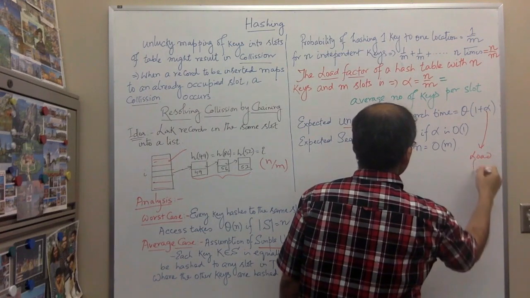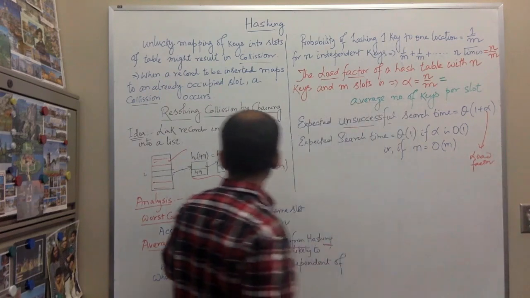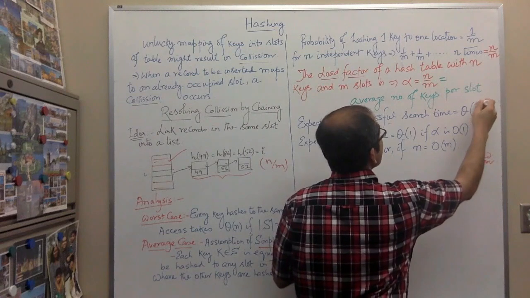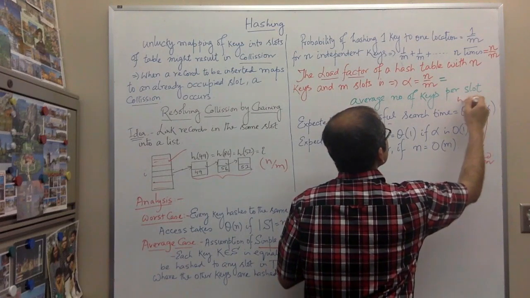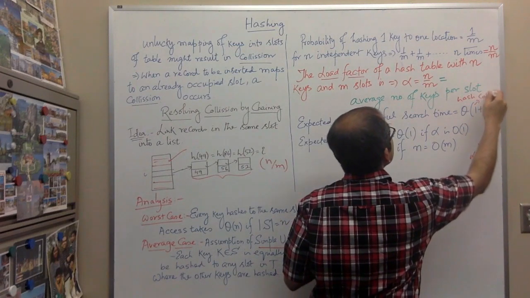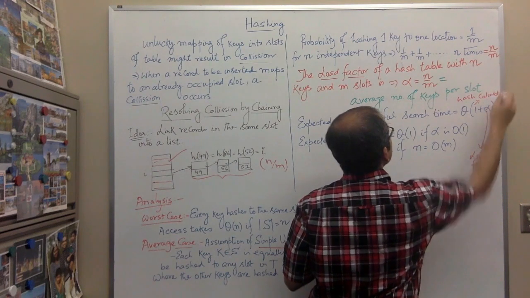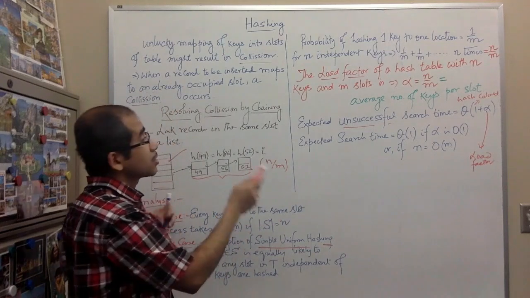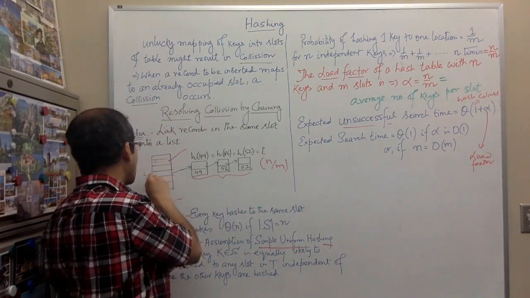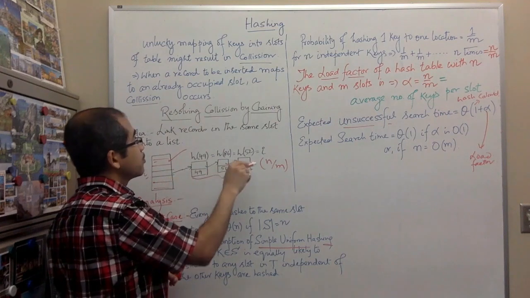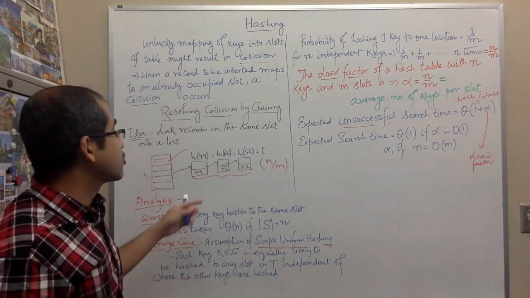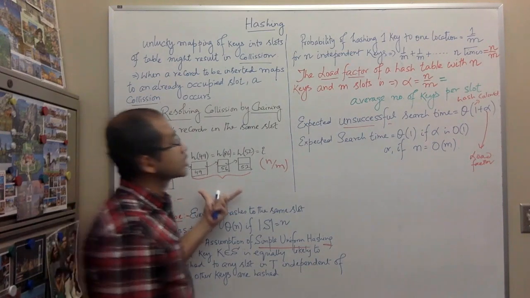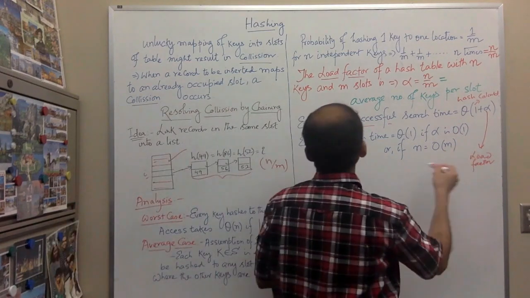That means the length of this linked list is alpha, and 1 is the constant time to calculate the hash function. I'm writing the hash calculation just for the sake of understanding. First you calculate the hash value, then you go to that slot, and then you go through the list to find where your element is. For an unsuccessful search, it will search the whole list. So, theta of 1 plus alpha.